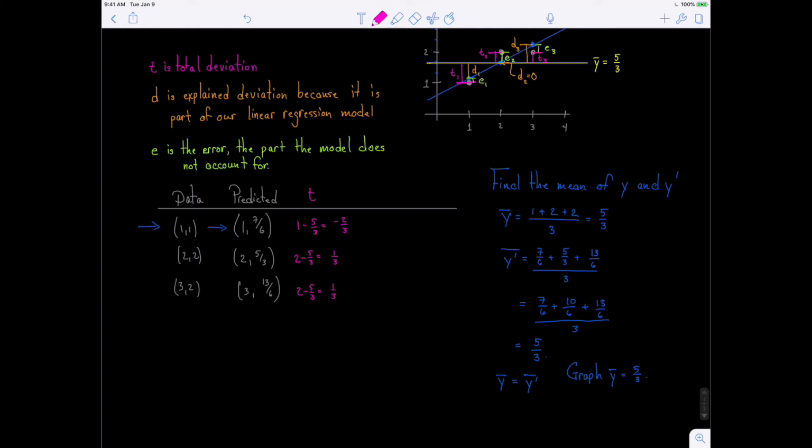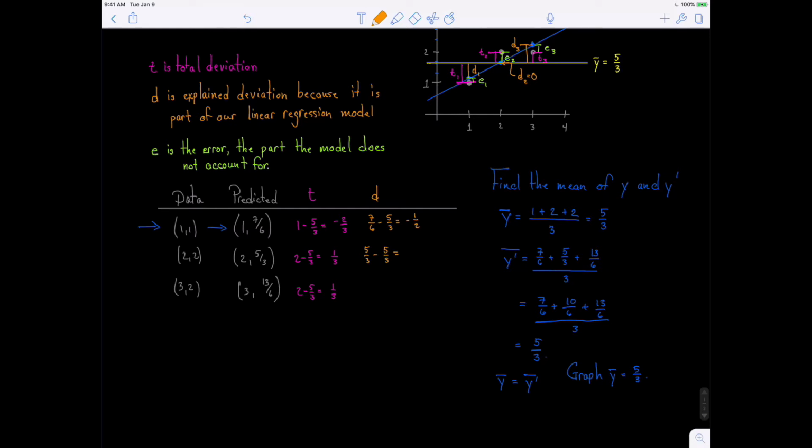Now let's do our next one, where the d's, and those are in orange. So the d's are the distance from the predicted value to the mean. So for example, we have 7/6 minus 5/3. And that's going to be 7 minus 10, so that's going to be negative 3/6, which is minus 1/2. And our next one is going to be 5/3, and the mean is 5/3.